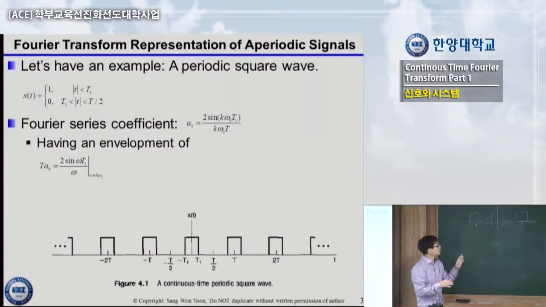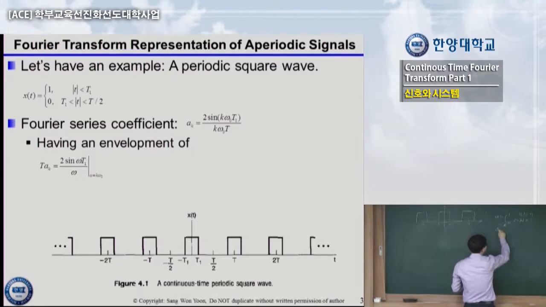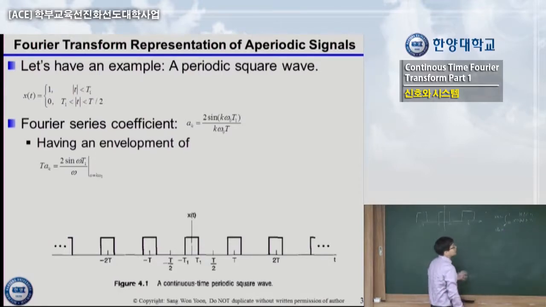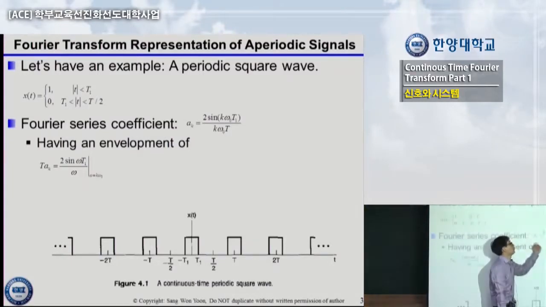And we already learned about how to calculate the Fourier series coefficient, which basically looks like a sinc function. But sinc function is actually not the exact meaning, because sinc function should have some frequency or time component. So let's say we already derived this.